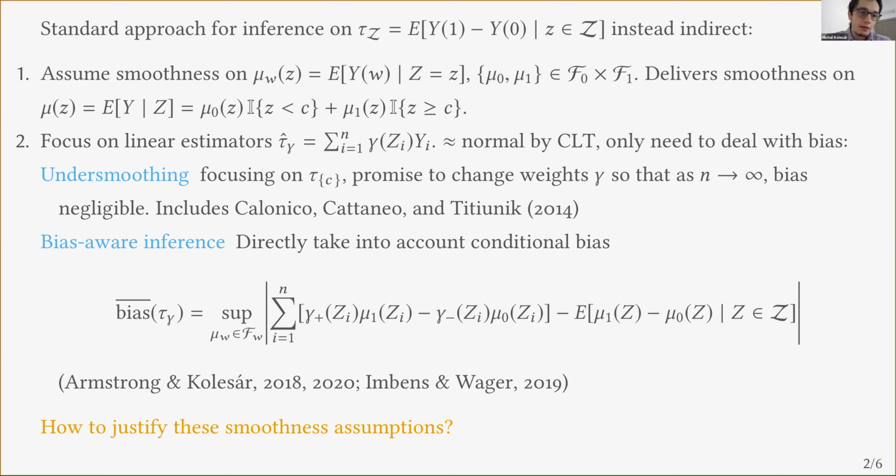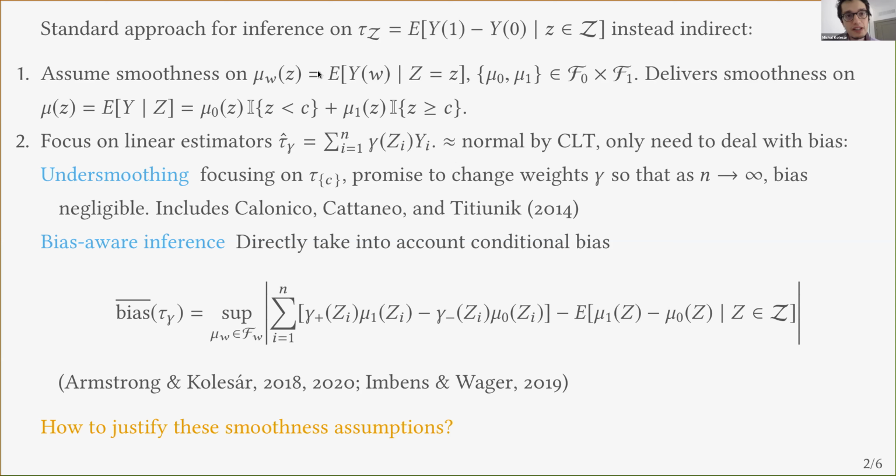So another approach that this paper builds on is this bias-aware inference approach, where we directly take into account the fact that if I use an estimator that places non-zero weights on people who are away from the cutoff, this is going to lead to bias in finite samples. And if we focus on linear estimators, this bias is easy to calculate.